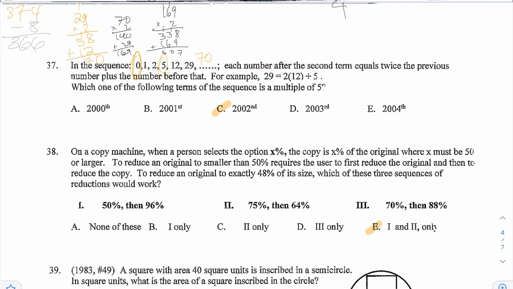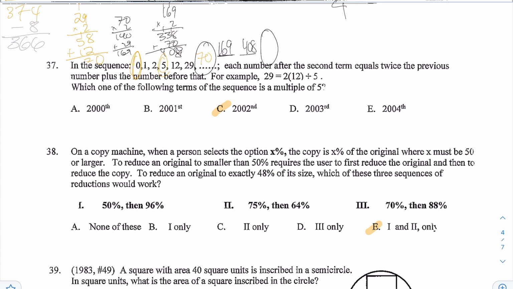All right, so the 169 should be good. Then you're not supposed to add 169. You're supposed to add the 70. So it's 338 plus the 70, which will give us 408.